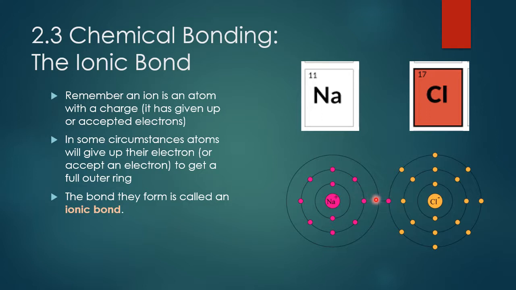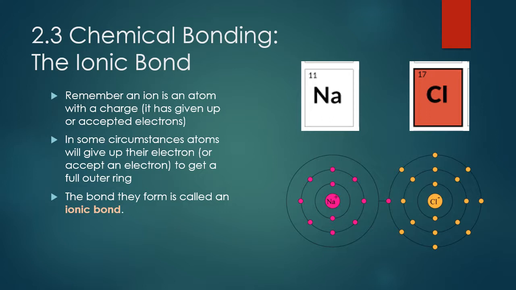Sodium has a really weak charge because there's only 1 electron in this outer ring, and it is really happy to just give away that extra electron, and then it's full and happy and stable with a full outer ring here. So each of these atoms, sodium and chlorine, are happy to work together. Sodium to give up an electron, chlorine to accept an electron, to each get a full outer ring.